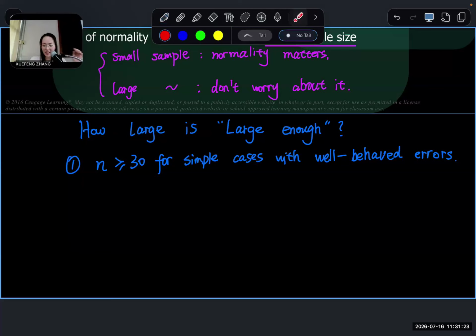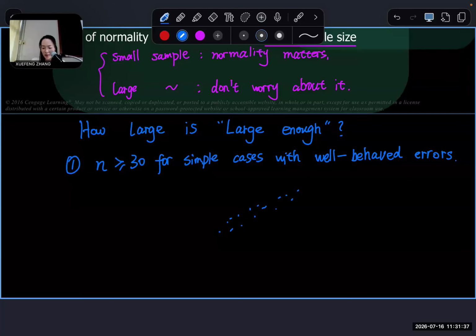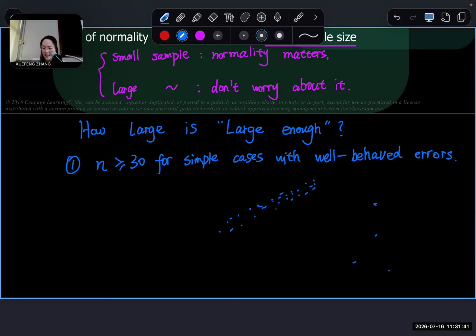And here, you need well-behaved errors. What do you mean by well-behaved? So you need to check your error term, okay? It should be centered around each other, not messed up, okay?